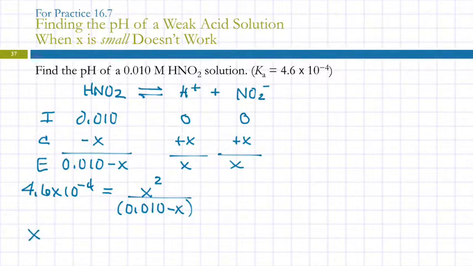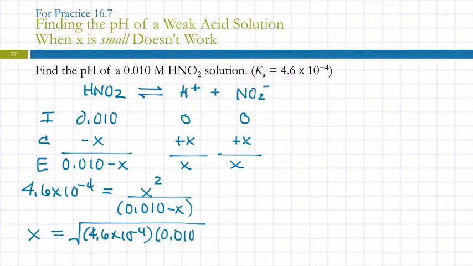If we say X is small, then we're going to end up with that Ka value times the initial concentration and the square root of that. Let's see if I can put the numbers in correctly this time. 2.1 times 10 to the minus third.